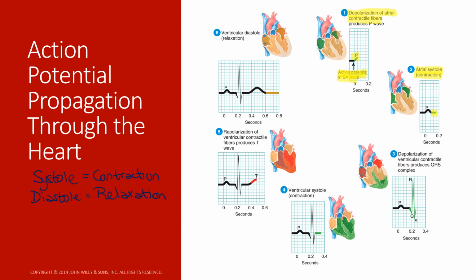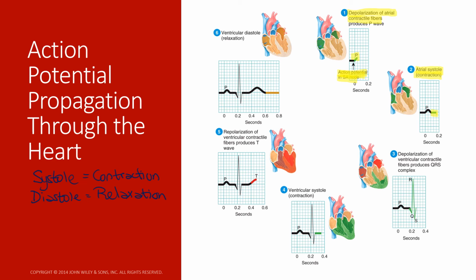And this time delay is really important because it gives the atria time to contract, and it really gives the ventricles time to fill up with blood before they contract, because we want to allow enough time for enough blood to go into the ventricles so that we get a full pumping action with as much blood as we can out of those ventricles.